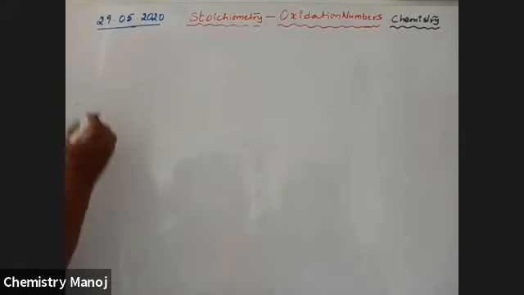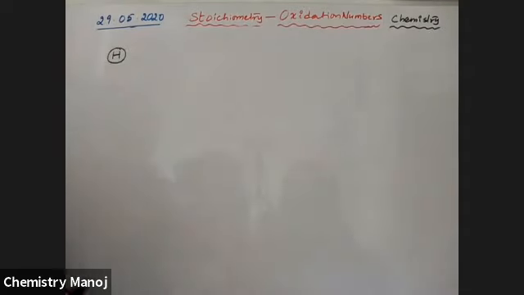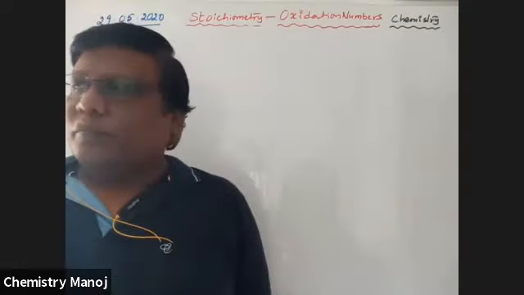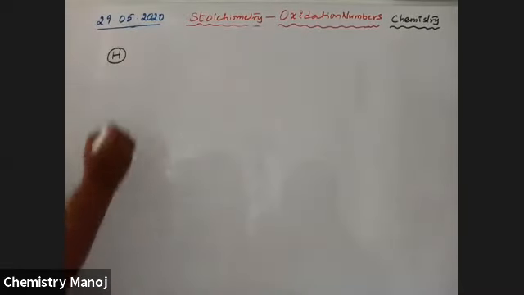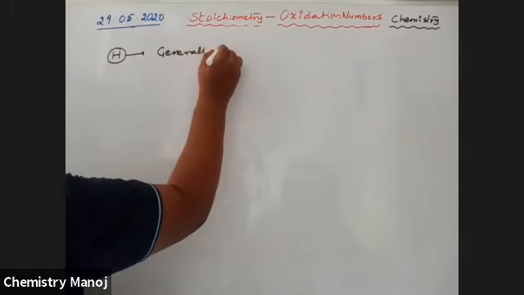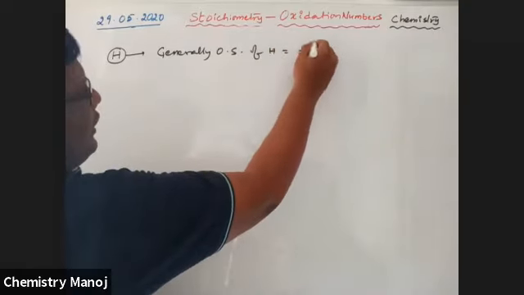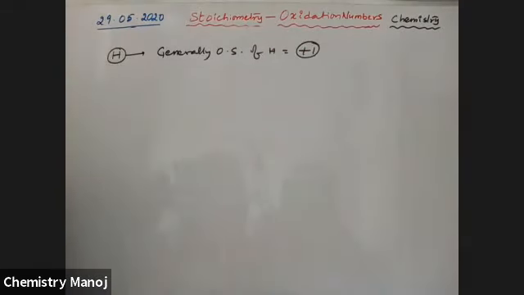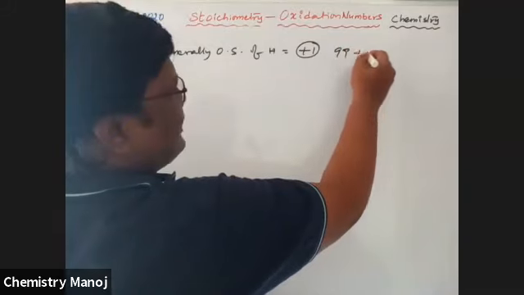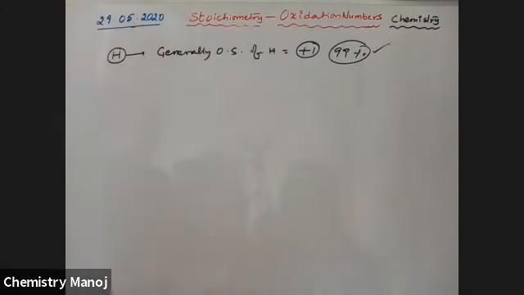So for hydrogen, what are the oxidation states of hydrogen? Generally, the oxidation state of hydrogen is equal to +1, and almost 99% it is correct. Not 100%, my advice.